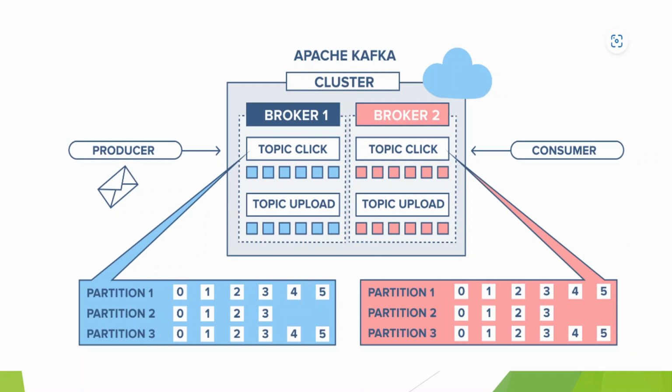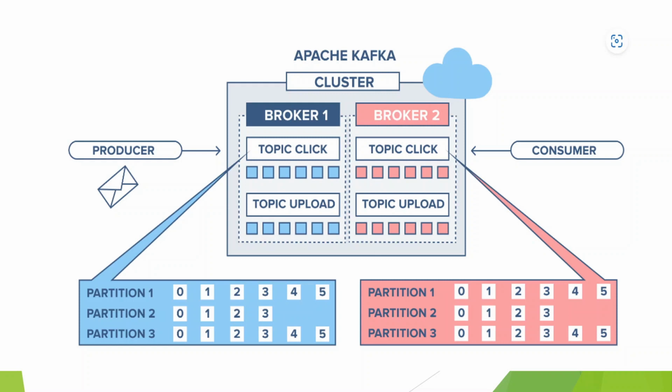Each topic will have partitions. So what does partition mean, and why is it required? There may be a requirement where we have to process the messages from the topic in parallel. As we already discussed in the previous slide, multiple publishers can publish a message into a topic, and in the same way, multiple consumers can receive the message from the topic.